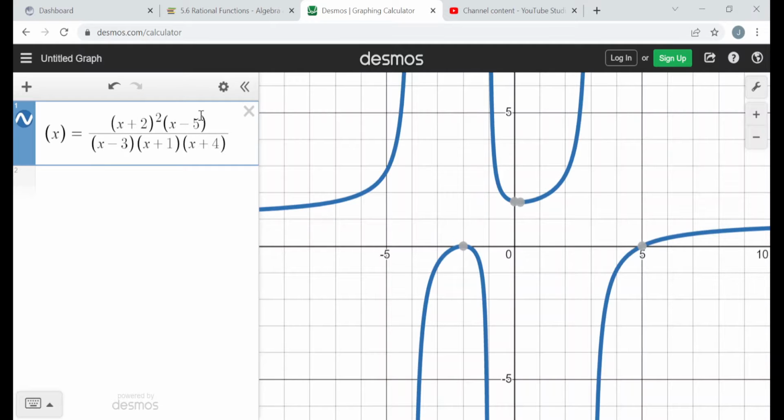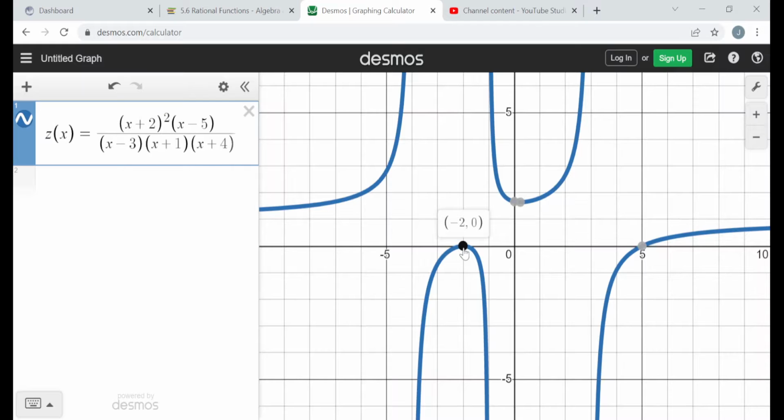Yeah, that looks pretty similar to what I had. And if I put the asymptotes up, -4 is a vertical asymptote, -1, positive 3, y equals 1 is a horizontal asymptote. This looks pretty similar to what I had.